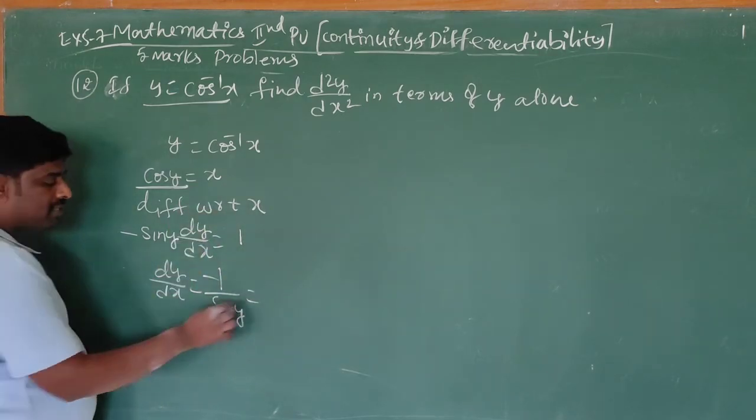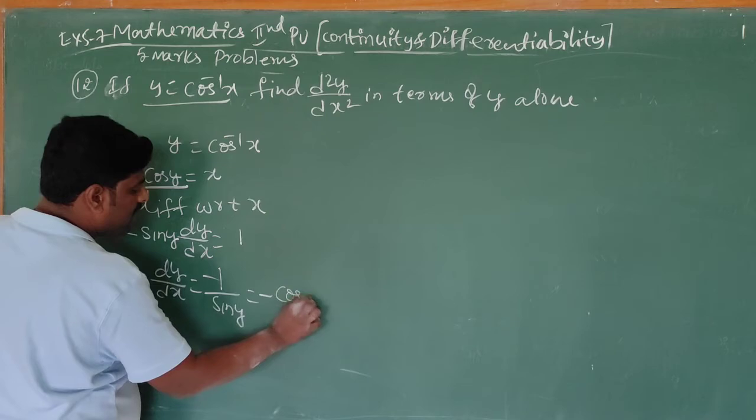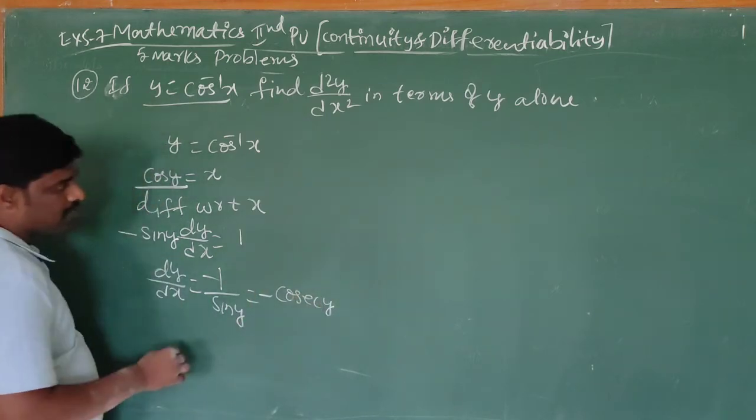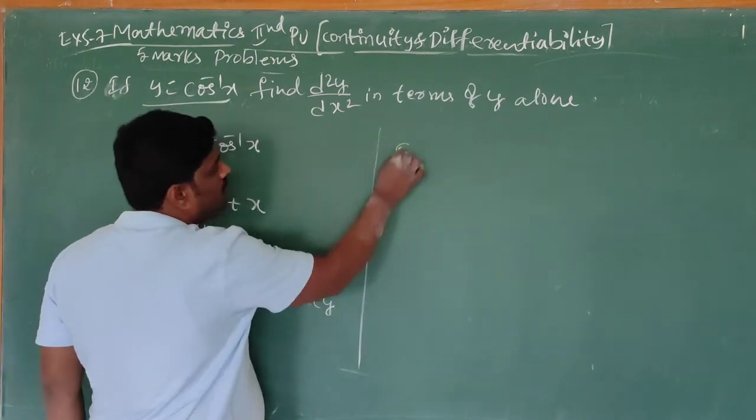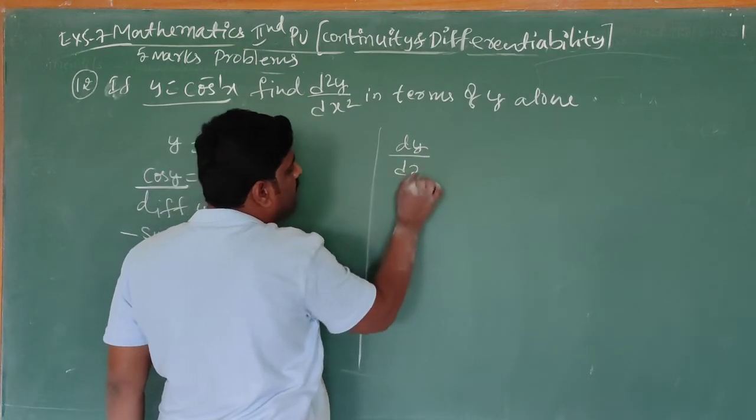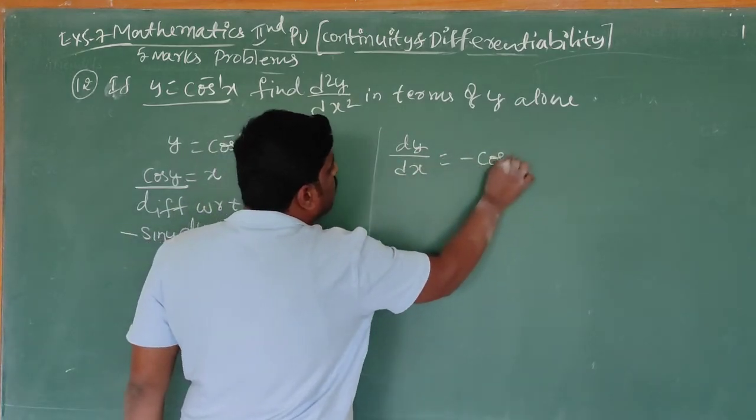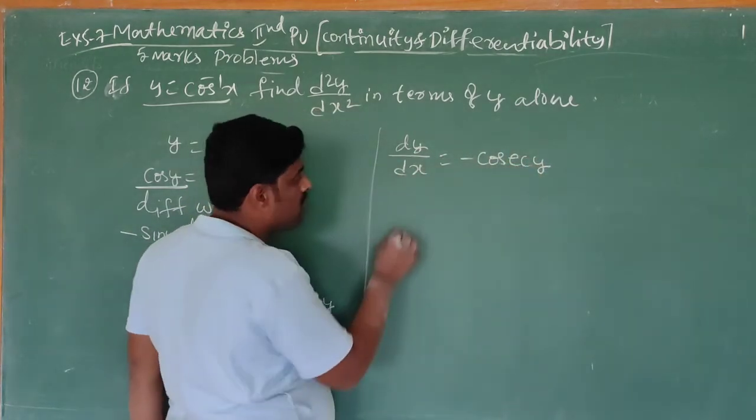Minus 1 divided by sin y is what? Minus cosecant y. Now dy by dx is equal to minus cosecant y.